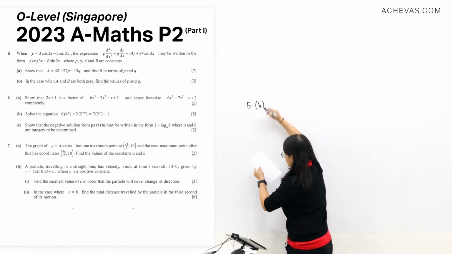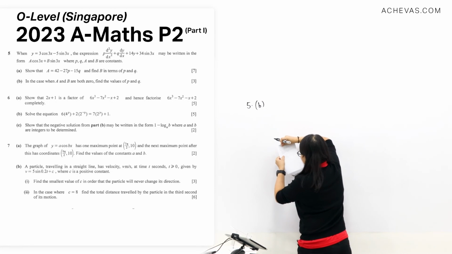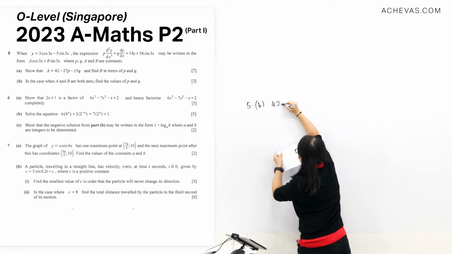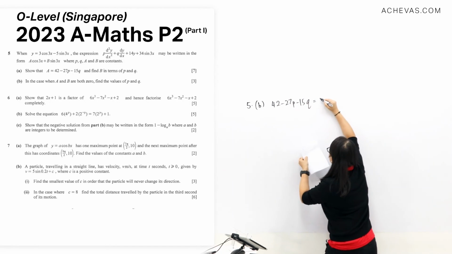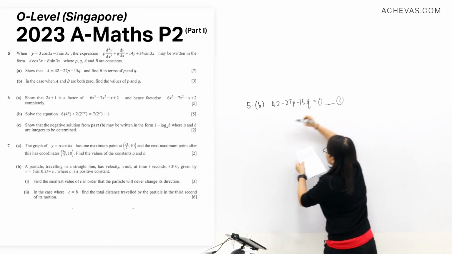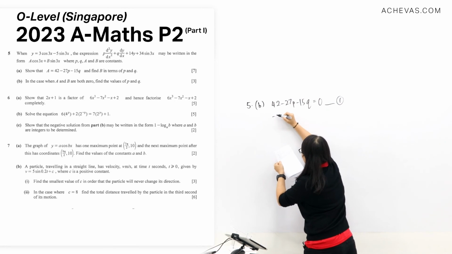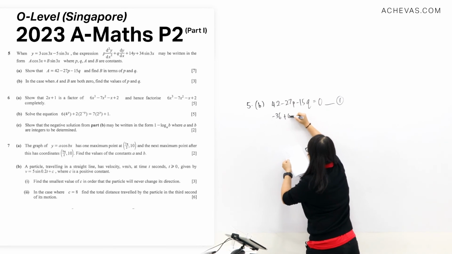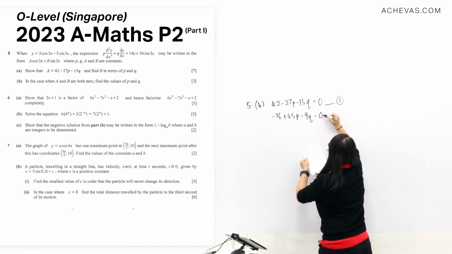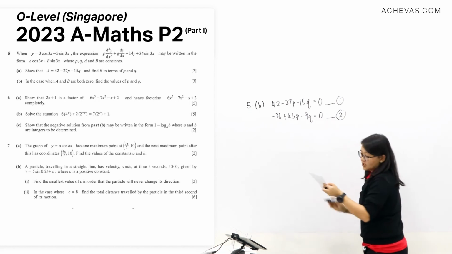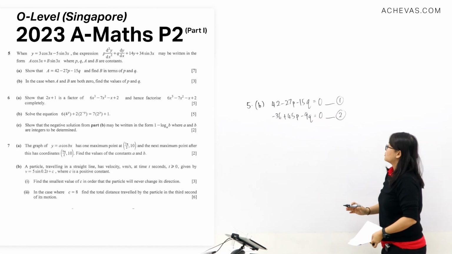So for 5b, we've gotten a and b just now. So this is the a value. I'm going to equate it to 0. That's number 1. And I'm going to equate b to 0, which is this here. I have equation number 2. So we're going to solve these two equations.